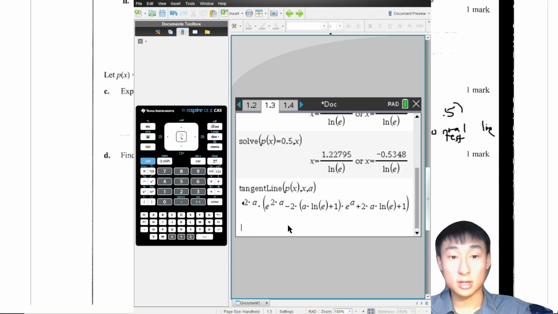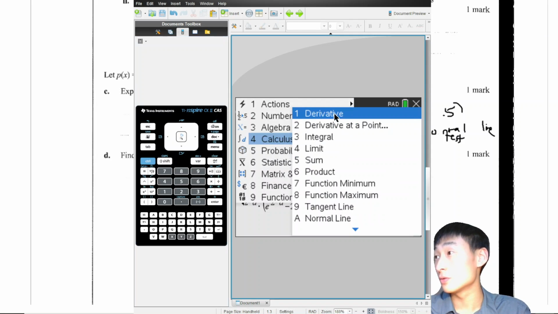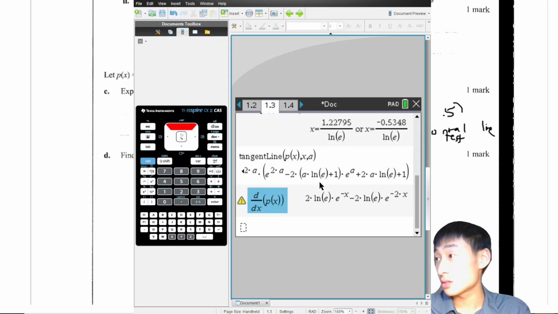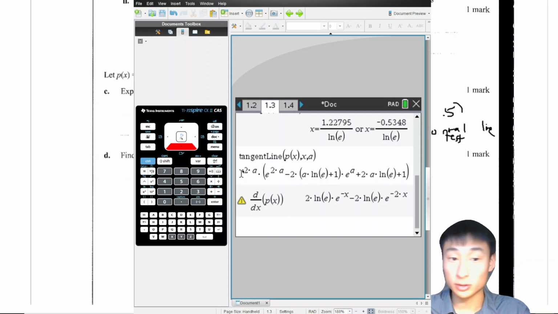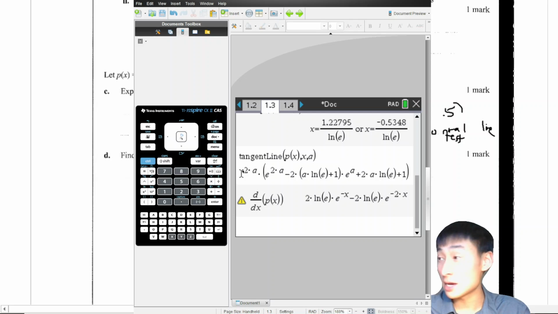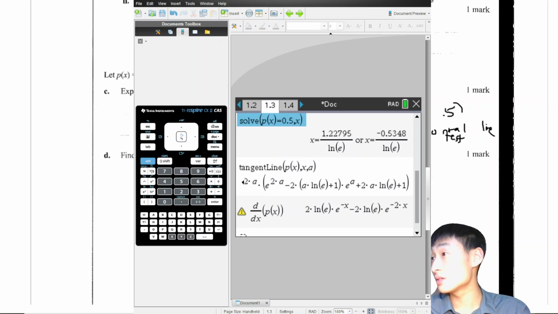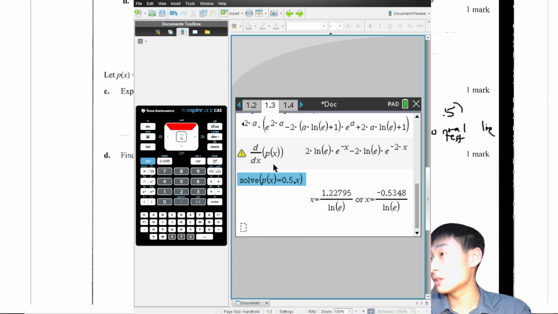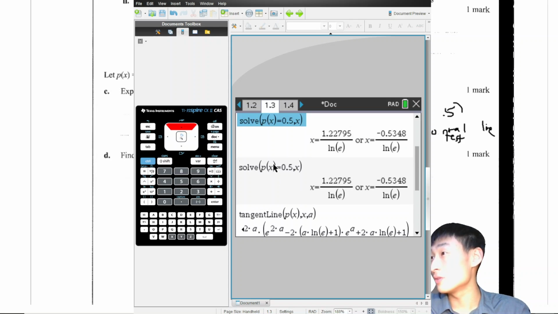Oops, sorry, that's a misread. So that's menu, derivative for p of x, and then I'm just going to sub in a manually. So you get 2 ln e. Wait a sec, why ln e? Oh no way, is that an x? Yeah, sorry, I did my rookie error again, and that's not even p of x.